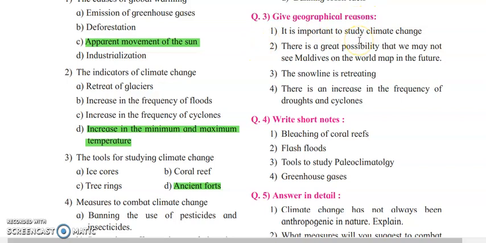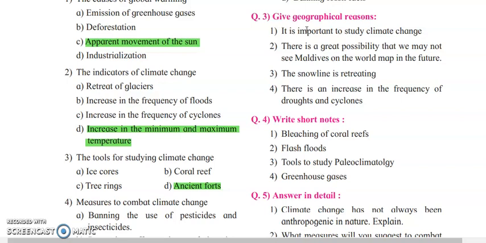Give geographical reasons. The first question is why it is important to study the climatic change. Now we all are aware that today there is a drastic change in the climate. Even 0.8 or 0.5 or 0.1% is going to be a lot in the case of climatic change.